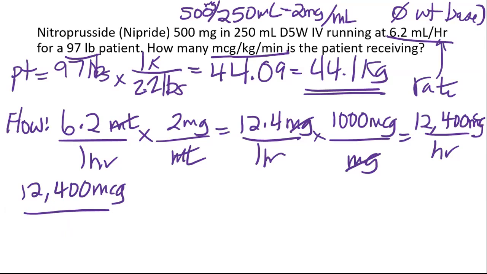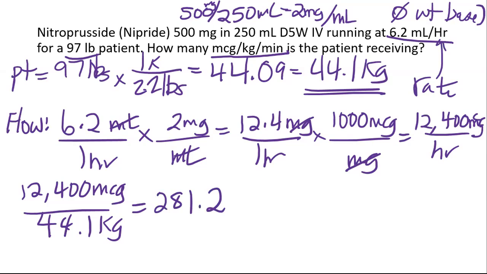So we're giving a total of 12,400, and we're going to divide that by 44.1 kilograms. 12,400 divided by 44.1 is going to be 281.179138, blah, blah, blah. So 281 point, let's say 2. We don't need all those other numbers, but that's what we're going to get.